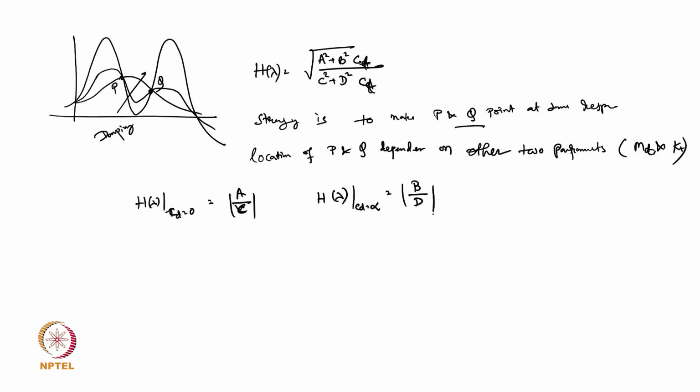We will get mod b by d. Make sense? So those are my two H lambda values. And we can say that at these 2 points H of lambda will be on opposite sides because they must be out of phase. So a by c should be equal to minus b by d.